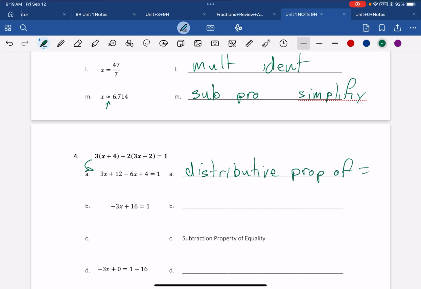It's just distribution property. And then it looks like we are doing some substitution property where we combined some like terms, combine these like terms, combine these like terms. So both of those were simplifying or substitution property.